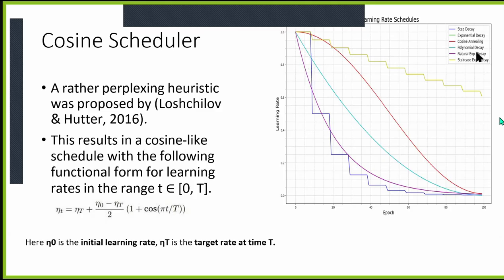There's no green curve here, but we can just use the natural exponential decay as a proxy for it. And we also see the cosine annealing curve.